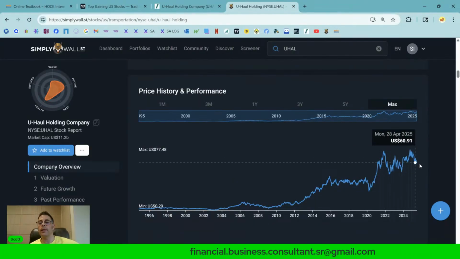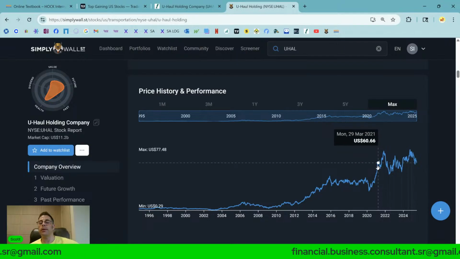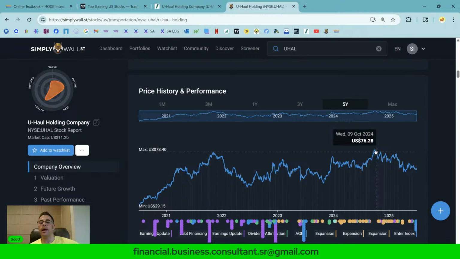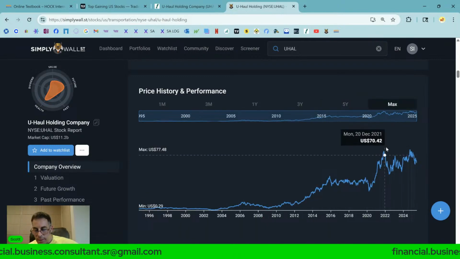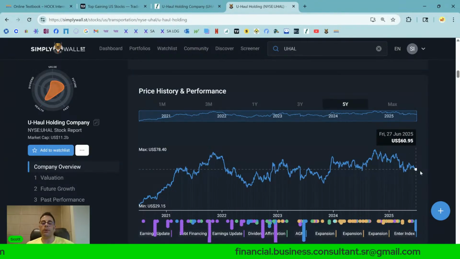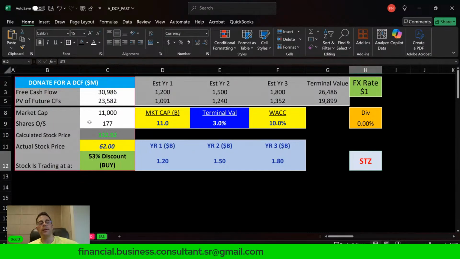So it's trading at this same level as over 4 years ago, in March 2021. So it's come down a lot. 77 was the peak. So it's not that far off from the peak, but it seems really undervalued.